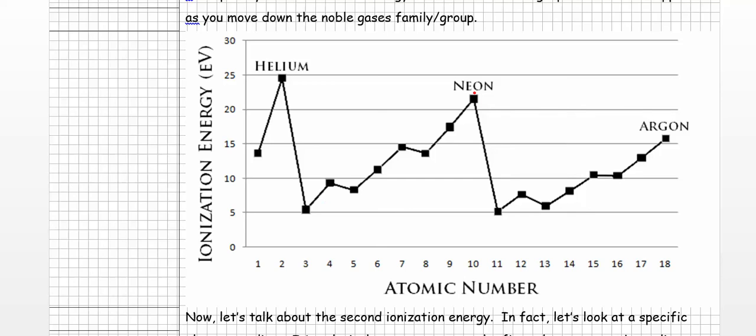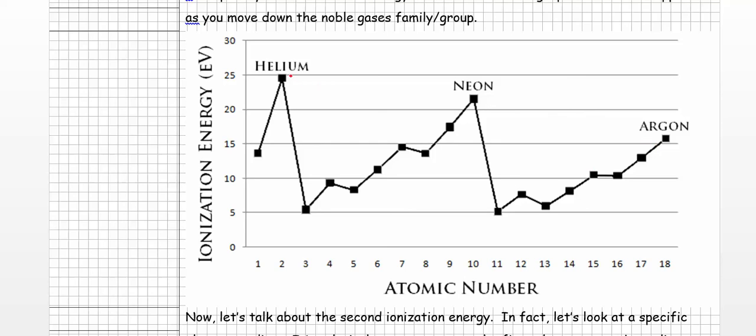But notice what happens when we go from neon to sodium. The ionization energy is going to drop dramatically. And so we see this pattern: higher and higher and higher ionization energy as you move across a period, but then it drops as you go back down to the next period, then rises again and so forth.